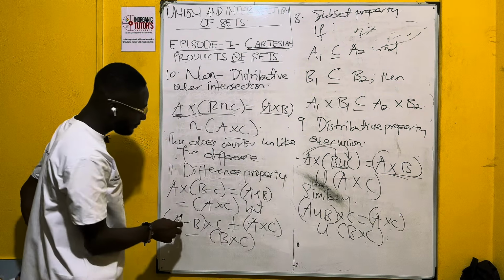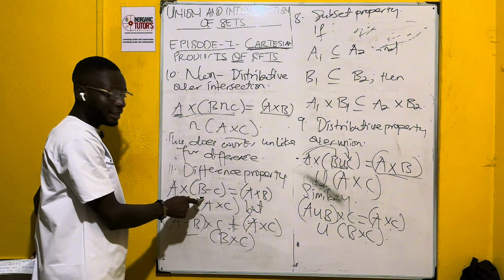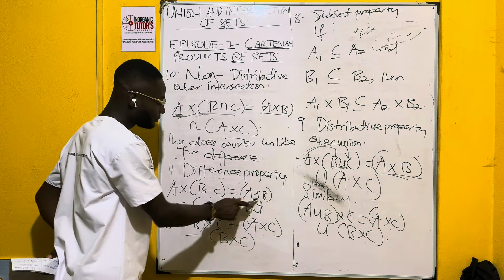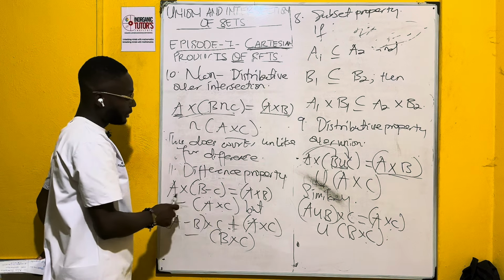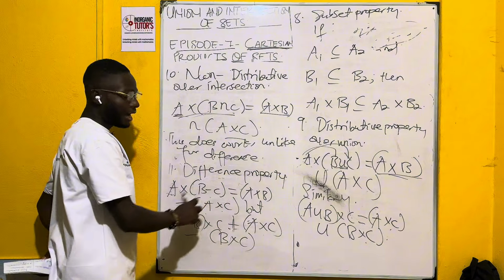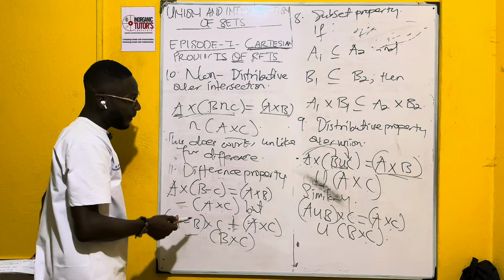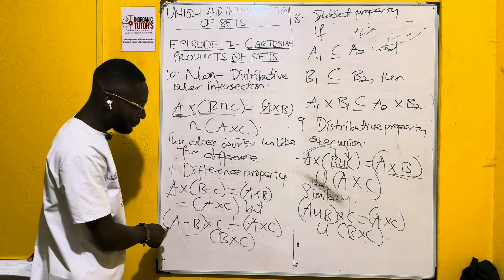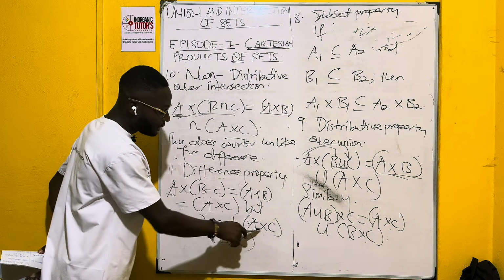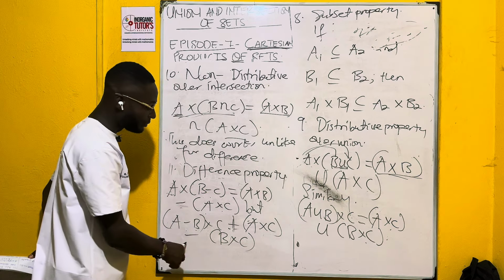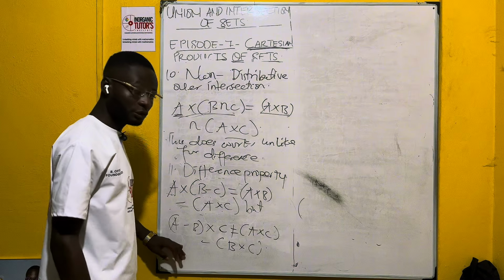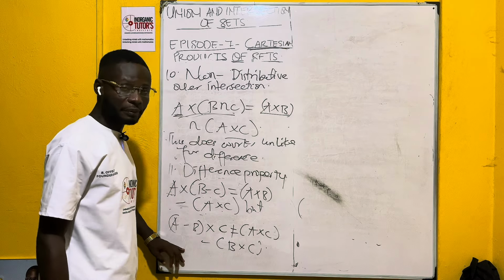If you have A cross (B minus C), we can perfectly say that it's the same as A cross B minus A cross C, just like spreading the A across the bracket. But if you have (A minus B) cross C, you cannot say it is the same as A cross B minus B cross C. It doesn't sound well. Okay, so that is the 11th property.